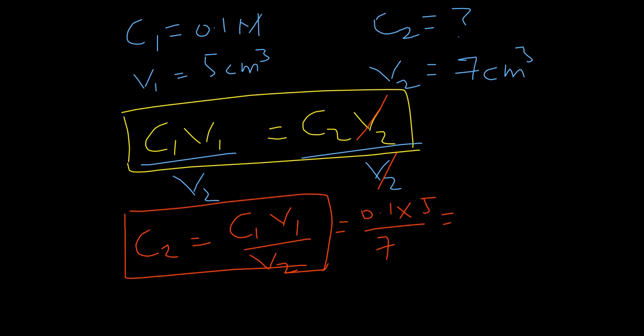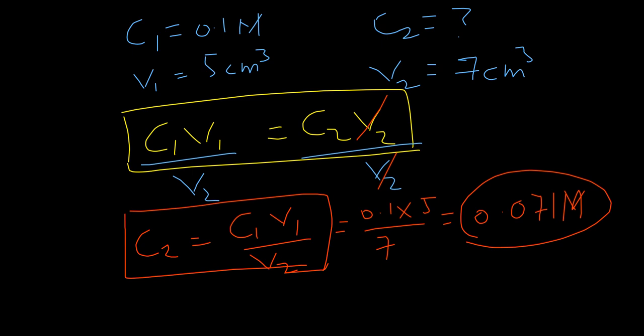When you do the mathematics, you get 0.071 molar. That's the answer. So that's how you determine the concentration of the solution after it was diluted.